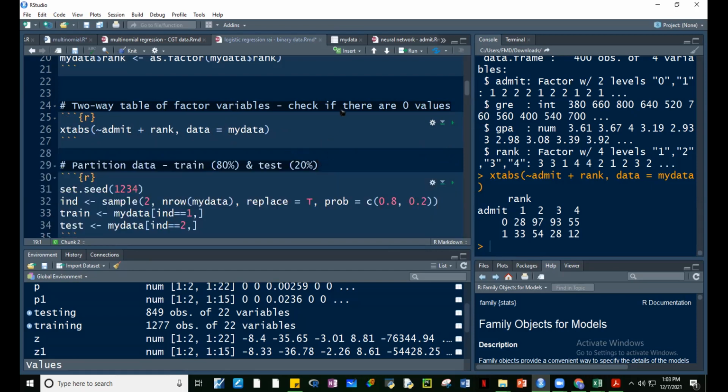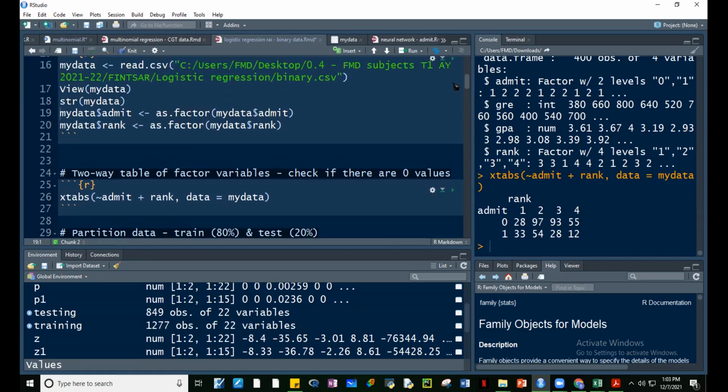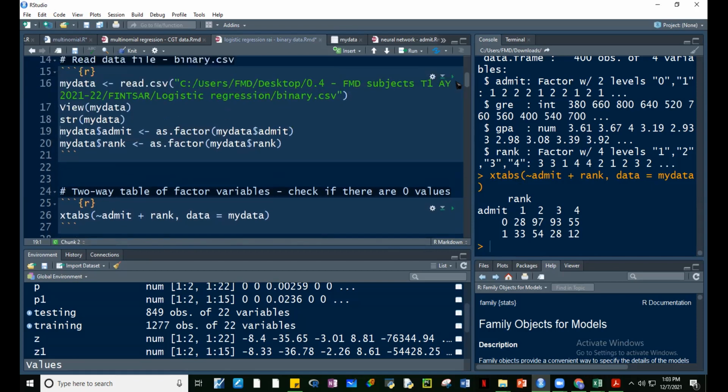Oh, sir. Yes, I have a question. For line 17, reading the CSV file, the path, when I try to run it, it says there's an error, sir. Okay, sige, tingnan natin. Let me stop sharing. I'll make you co-host. Okay, can you share your screen, please?